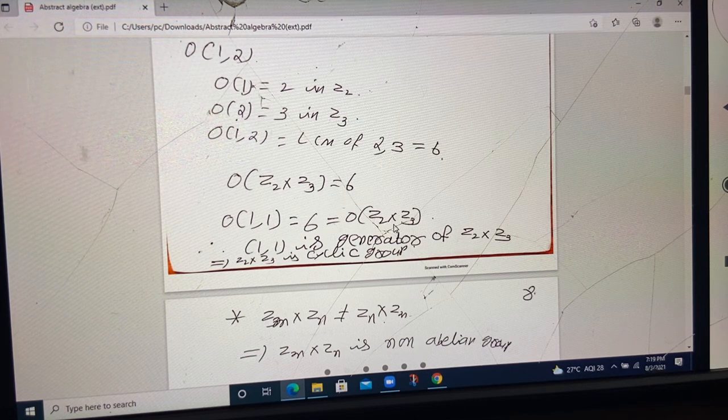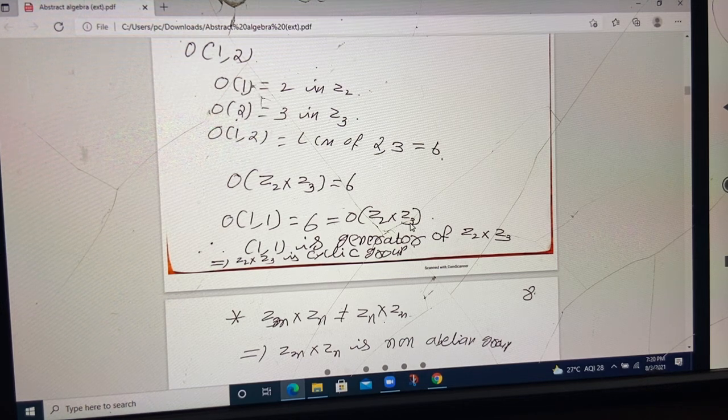Here, without doing all this, we can conclude it is cyclic. Why? Because the GCD of 2 and 3 is 1. So Z2 cross Z3 is cyclic because Z2 is cyclic, Z3 is cyclic. You know Z_n is cyclic with generator 1. I'm sorry, generator is 1. In general, write down that point.